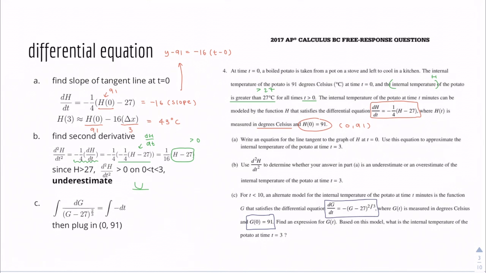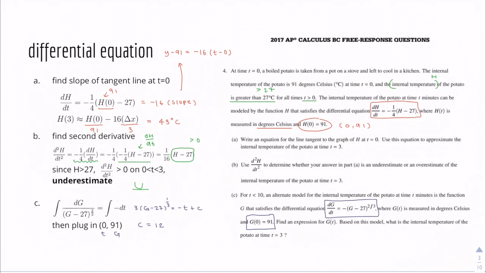We will get the equation of 3 times (G minus 27) to the 1/3 power equals negative t plus C. By plugging in G(0) equals 91, we get that C is equal to 12.